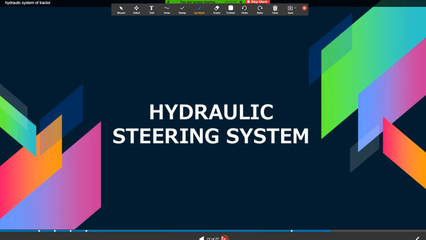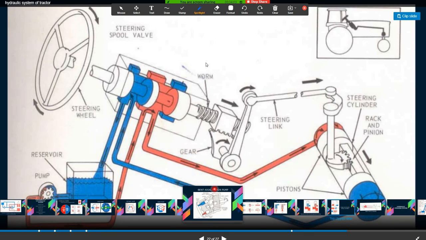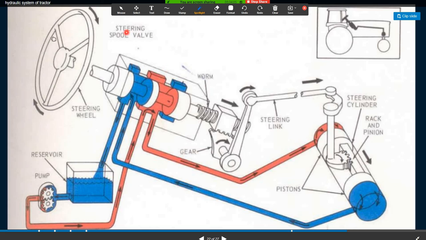Now hydraulic steering. You can see here the hydraulic system is also used in steering. This is called the steering wheel. This is the right side, and the other one is the left side. You can see here the reservoir and pump.